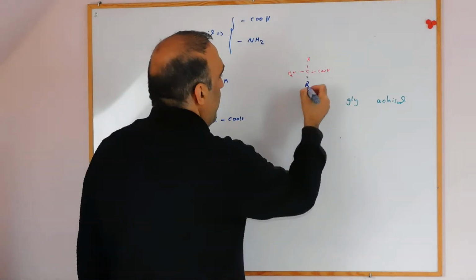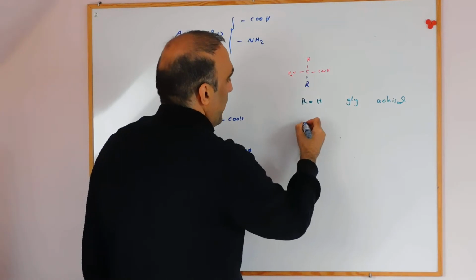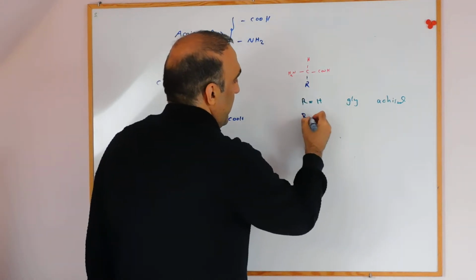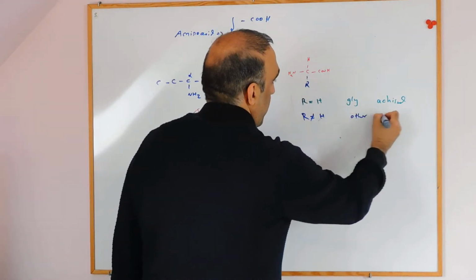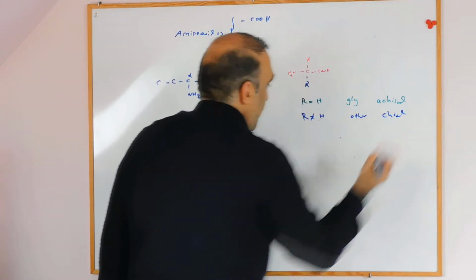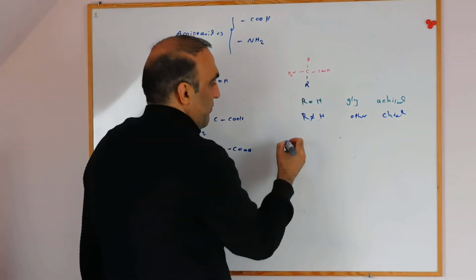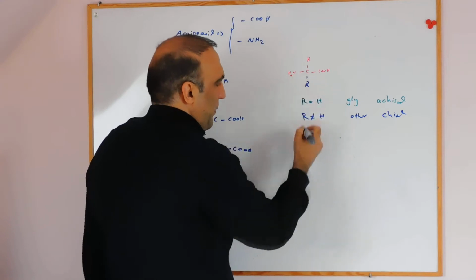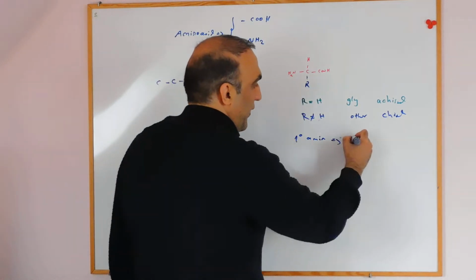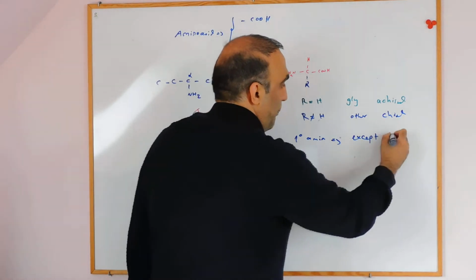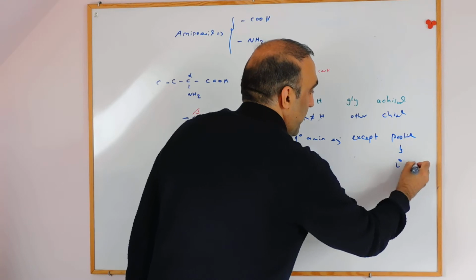And as you see here, the amine is primary in all of them, and the others are chiral. All amino acids have a primary amine, except proline. Proline is a secondary amine.